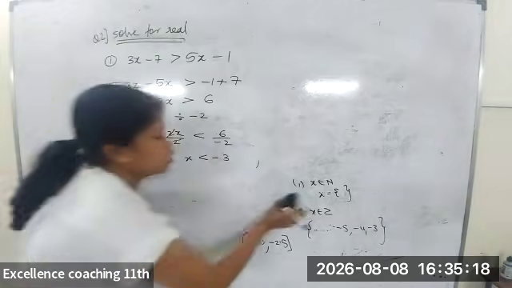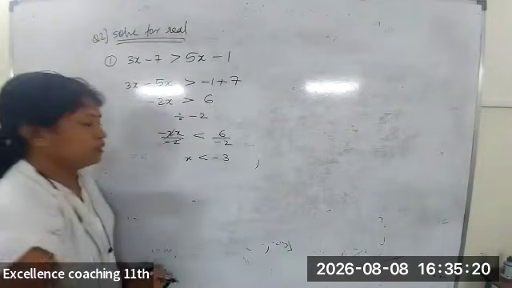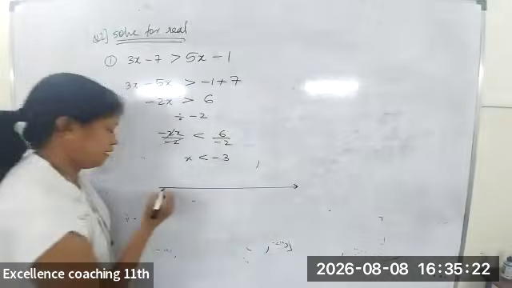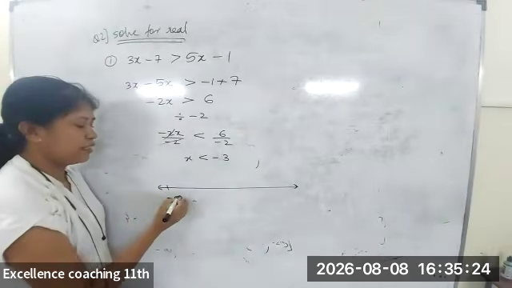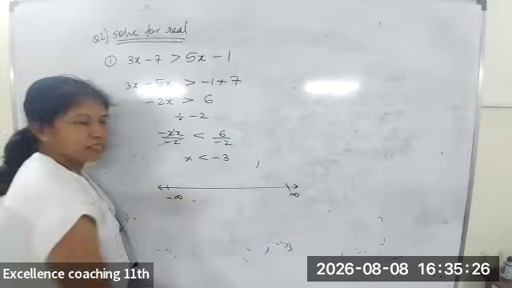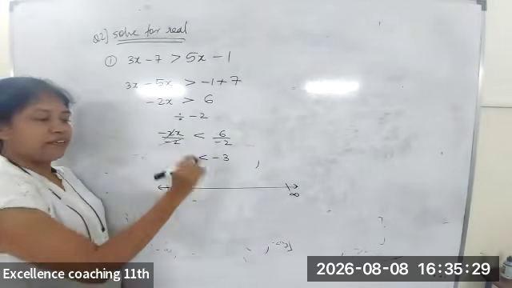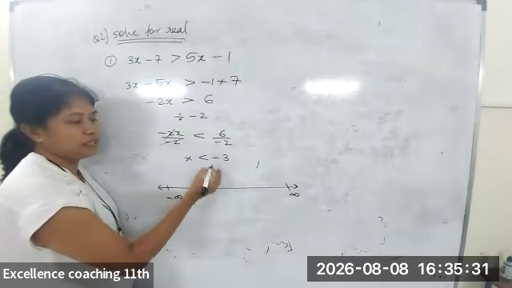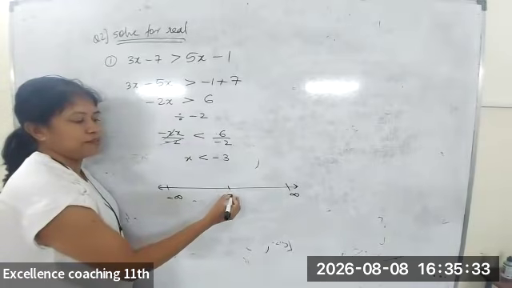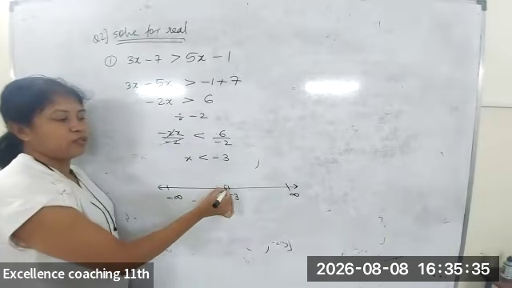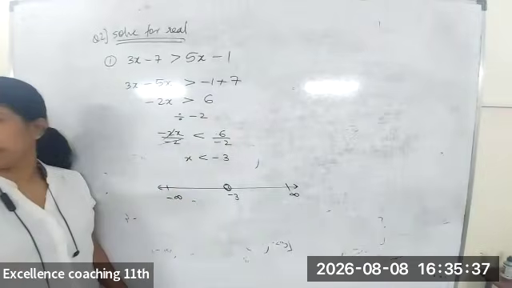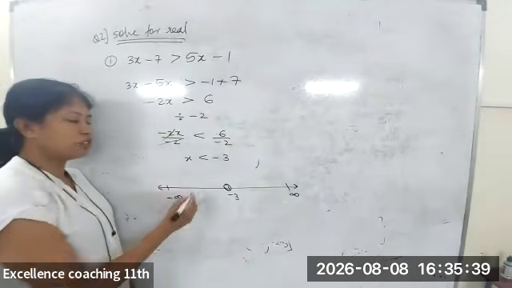Now it is not required to show all the numbers. What you do is, you just put minus infinity this side, plus infinity this side. -3 anywhere, randomly you can put -3. Only put an open circle because there is no equal to. Less means which side you have to shade?